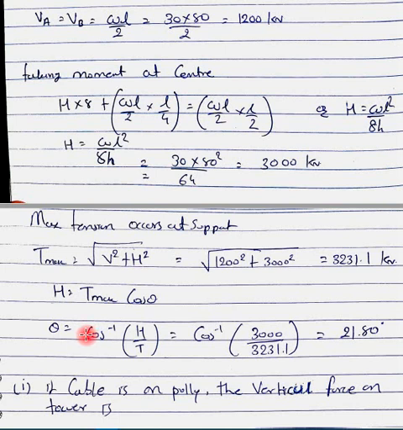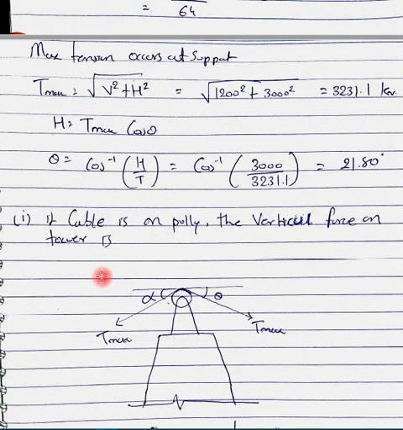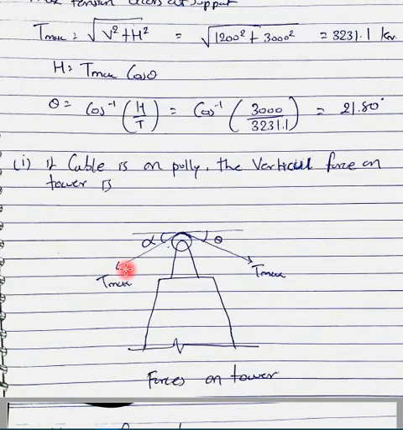The next thing we have to determine is how much reaction, or load, will occur on the tower. For that, first of all we have to determine our theta. We have been given the value of alpha.